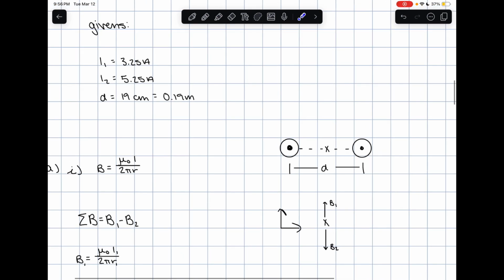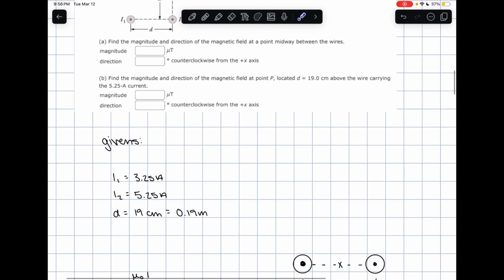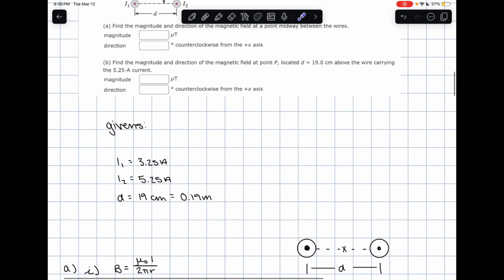And now we can move on to the numerical portion. So we have B is equal to mu naught times I over 2 pi r. We're going to be using this equation and solving for the magnitude in the middle.